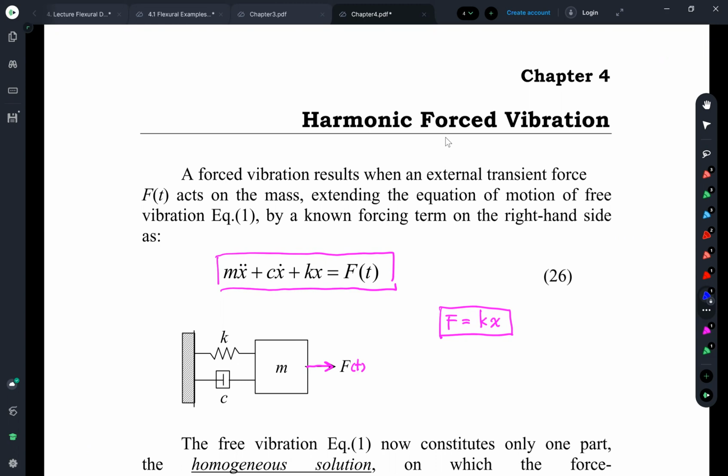But today, in equation number 26, you see the force is a dynamic force. And to make the system be in equilibrium with the external dynamic force, the system behaves with velocity and acceleration. We find the movement of our system under the dynamic force is such that it contains some velocity and accelerations.